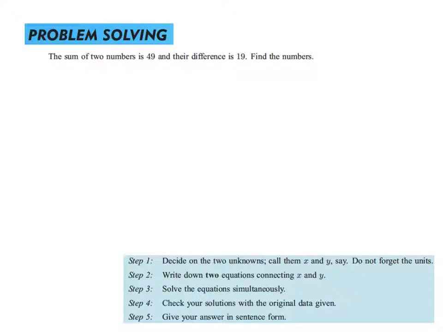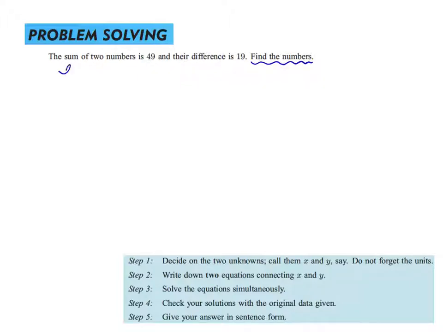In this case, we have two unknowns that we have to find, two variables. And the statement at the end, the question of the problem, gives me the idea that it's about two variables that I need to find. Therefore, I will call them x and y.